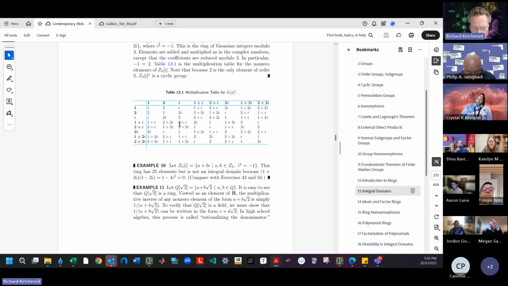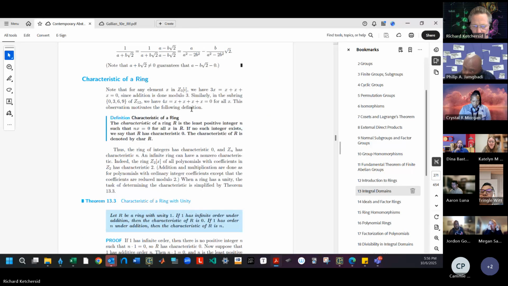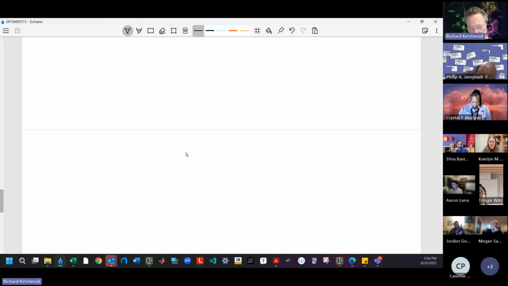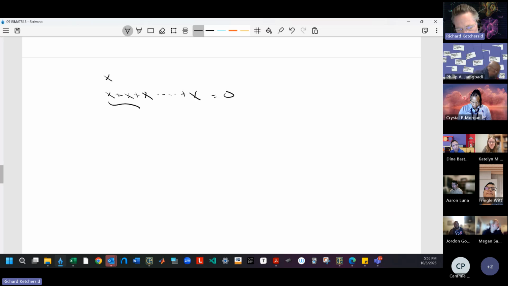Okay, yeah, the characteristic, so there's kind of 2 definitions. One definition is the least n, right? So let me write something here. When you're looking at the characteristic, you're taking an arbitrary x, and you're looking at x plus x plus x over and over, right? And if there is an n so that you get to 0, then what we would write here is nx, because there's n copies of x, right?